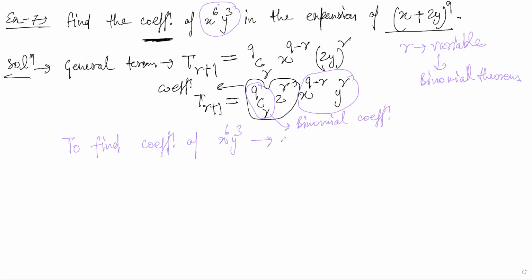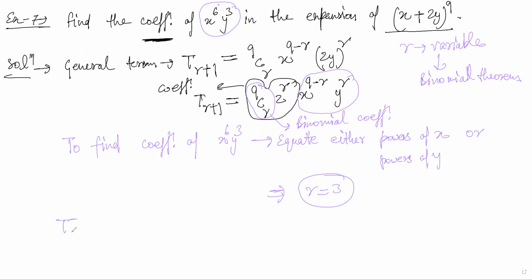I'll write the whole procedure first. If you equate powers of y, you will get r as 3. Hence, you need to find the fourth term, T4. When you put r = 3, you will get T4, which will be 9C3 into 2 cube, x to the power 6, y cube.